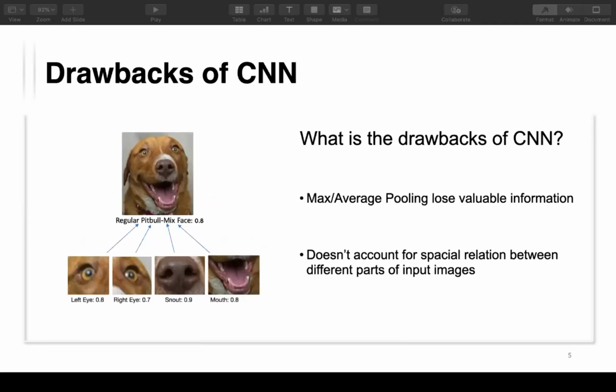So losing information and spatial relations between different parts. So what if we apply attention? If we use attention, we can address the spatial relations of different parts, right? We can use self-attention to measure the relation between different parts.